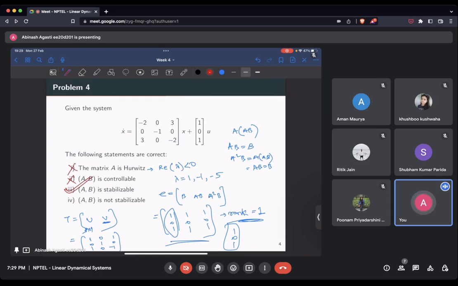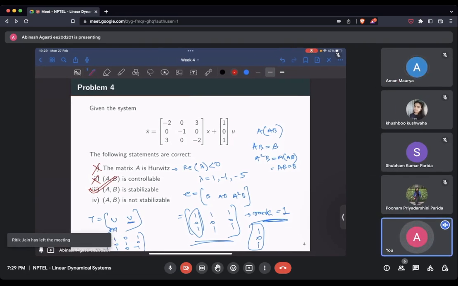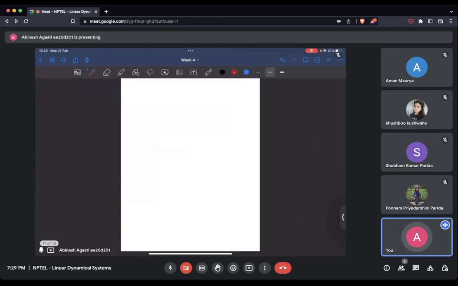You can easily find examples where the matrix has a positive eigenvalue which is uncontrollable, right? Let us try to cook up an example, that should be possible. Okay, so let's take this system.